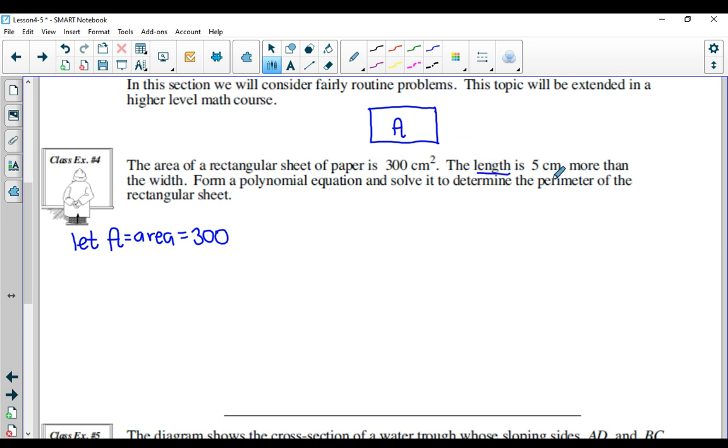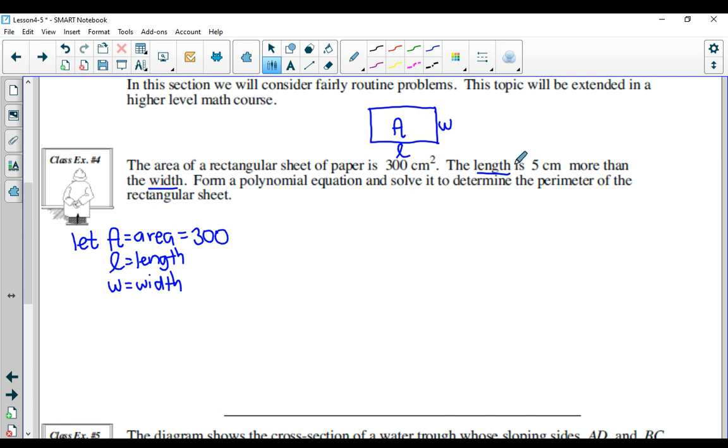Okay, it says the length is 5 centimeters more than the width. Now, that doesn't actually tell you what the length or the width of the rectangular sheet are. So we need to treat both of those as variables. So I'm going to let L equal the length. So that's one unknown. And W equal the width. I'll label this on this picture. So this would be the length. This would be the width. Okay, so based on the second sentence here, I'm going to form one equation.